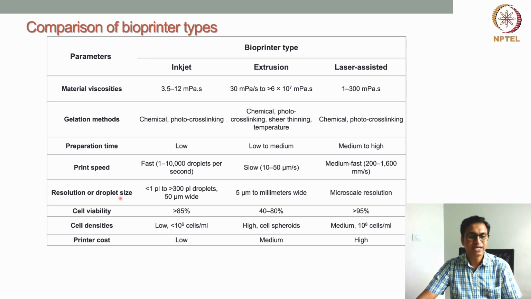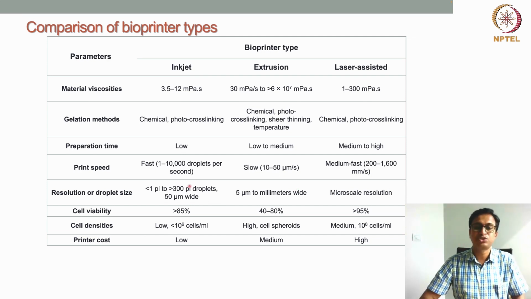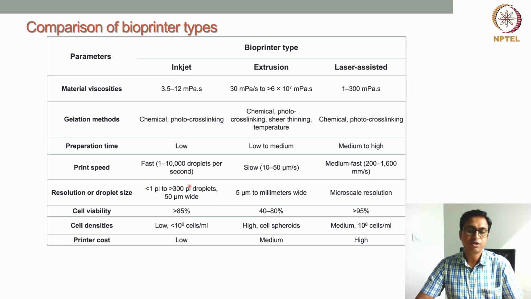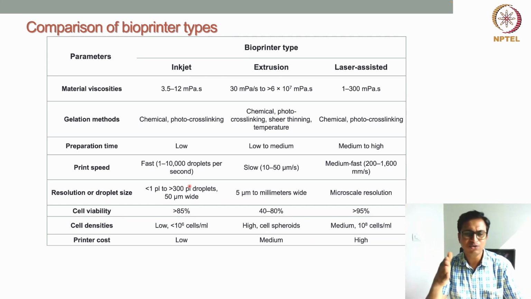Resolution or droplet size, here also the inkjet printing again outperforms all other printer types, because here also very fine droplets starting from 1 picoliter to 300 picoliter, that much fine droplets can be generated, right? It also depends on the nozzle diameter, right? Most of what we have seen, the nozzle diameter is around 50 micron. So typically we can generate very fine droplets.